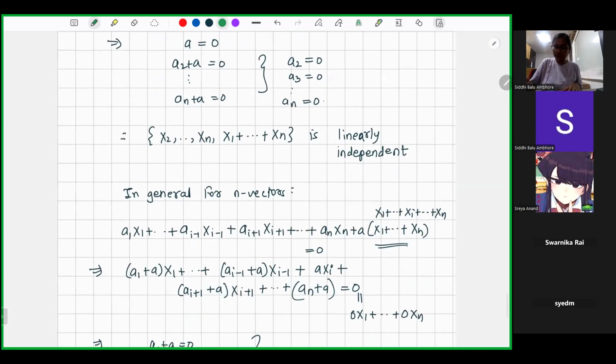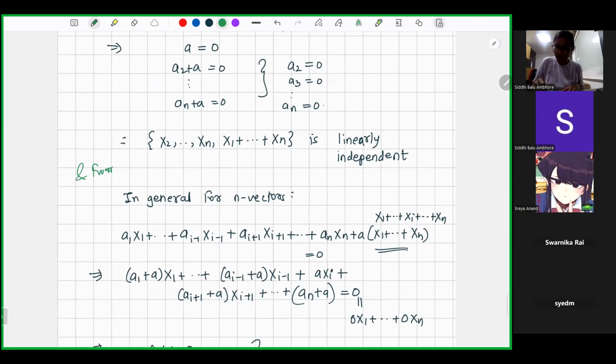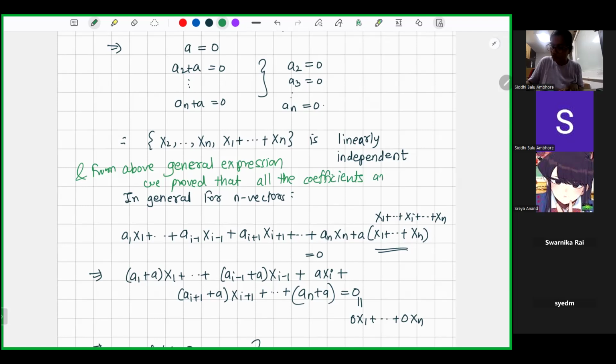And from this and from the above general expression, we needed to prove that all the coefficients are 0. Any doubt here?